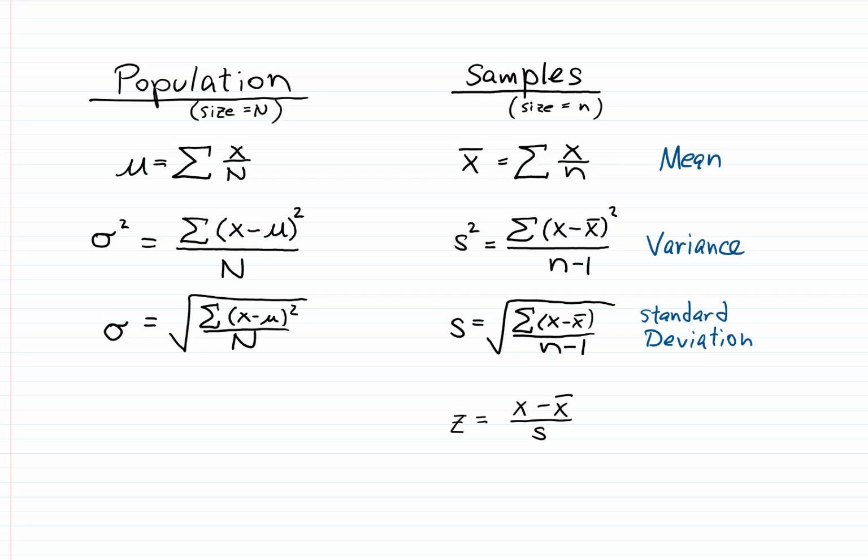Okay? If it were possible to measure the whole entire population, then for a Z-score you would do one of the data points minus the population mean divided by the population standard deviation. And that's called a Z-score. And that's a way of measuring how far away each individual data point is from the average. It tells you how many standard deviations that is from the average.